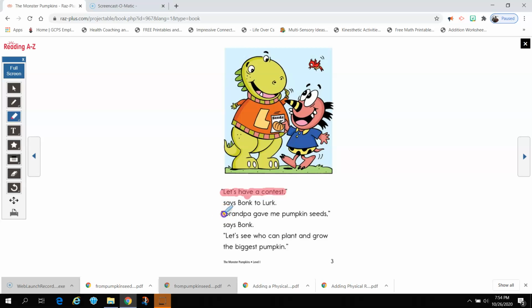Here's something else we figure out from Bonk. "Grandpa gave me pumpkin seeds." So Bonk just told us where the pumpkin seeds came from. They came from Grandpa. Let's see what else he says. "Let's see who can plant and grow the biggest pumpkin."